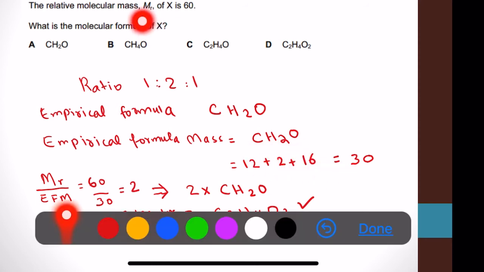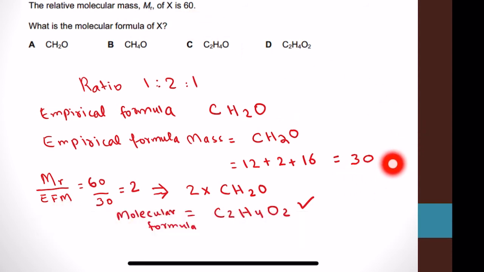Then we divide the actual molecular mass, 60, by the empirical formula mass, 30. 60 by 30 equals 2. We multiply this number with the empirical formula: 2 times CH2O is C2H4O2, which is the actual molecular formula.